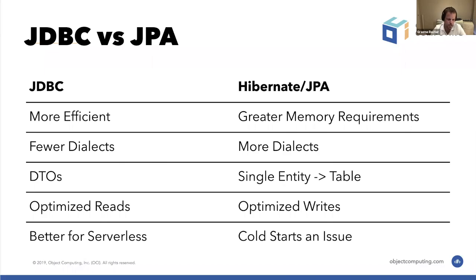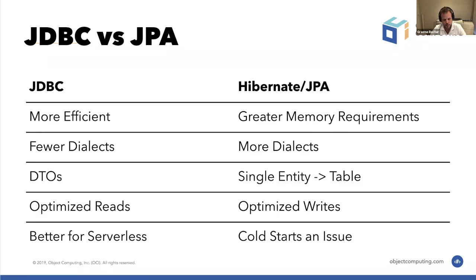But on the other hand, it supports fewer dialects, mainly the modern SQL databases, with modern versions of the different SQL databases. It encourages the use of DTOs, data transfer objects. Not that those are impossible to use for Hibernate. They're also possible to use for Hibernate and JPA, but most people tend to use the single entity table mapping approach, which Hibernate really is optimized around.